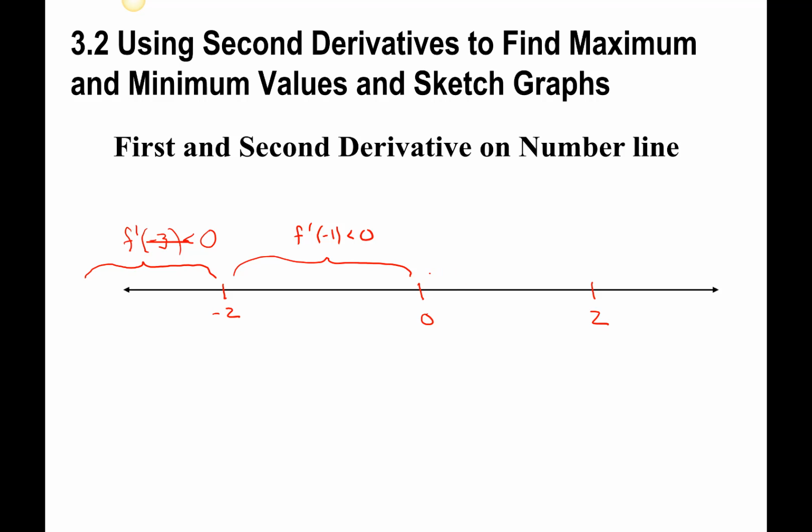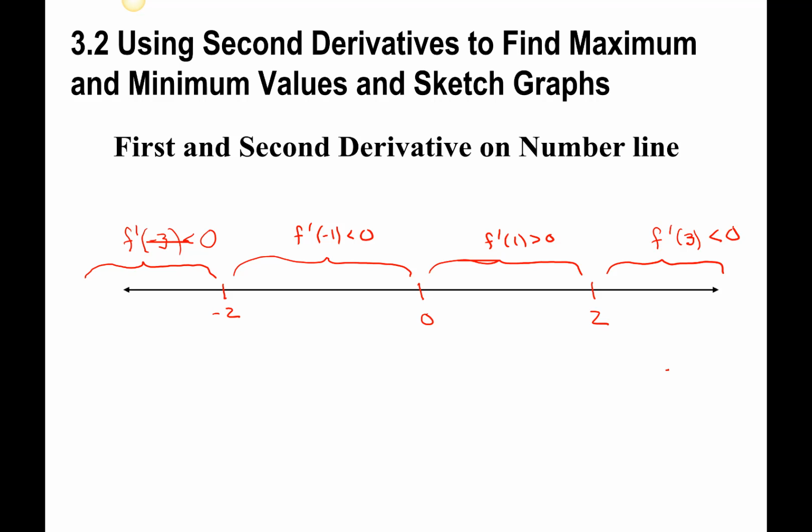Between 0 and 2, that would be something like the derivative evaluated at a positive 1. There, it's going to be greater than 0. And lastly, I want something to the right of 2, so I'm going to evaluate the derivative at perhaps 3. And that gives me less than 0.